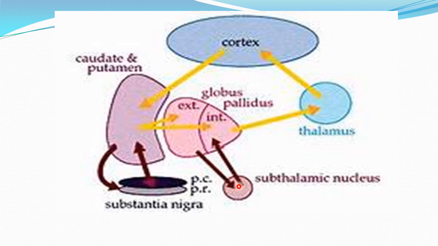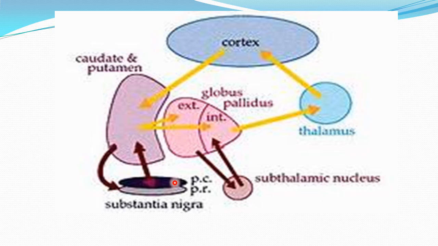From subthalamic nucleus, fiber passes to the globus pallidus internus, and to the thalamus and to the cortex. This pathway is known as indirect pathway because it involves subthalamic nucleus. Okay.